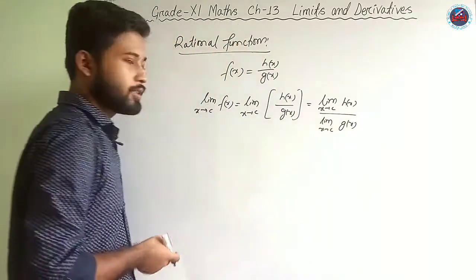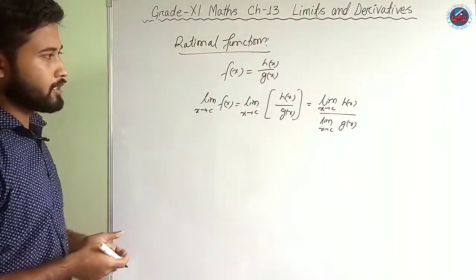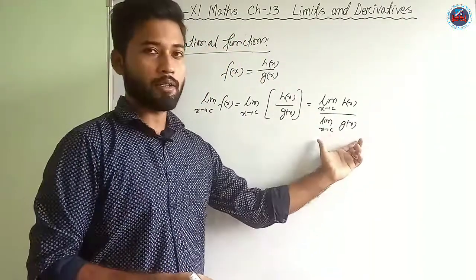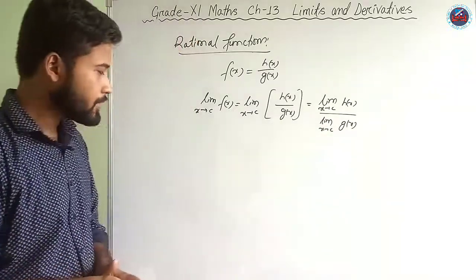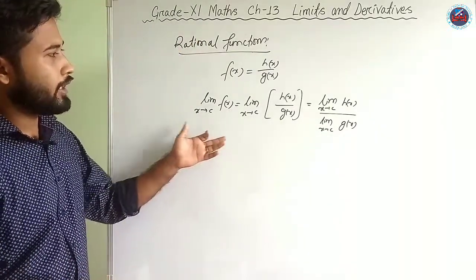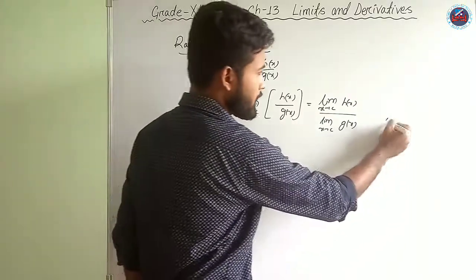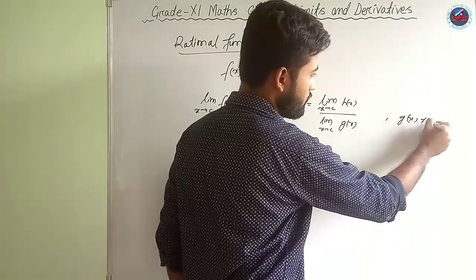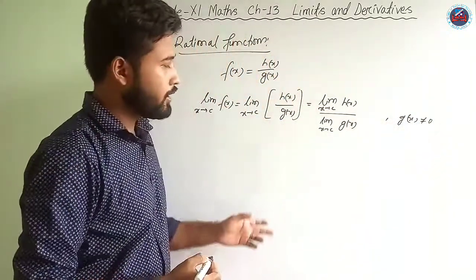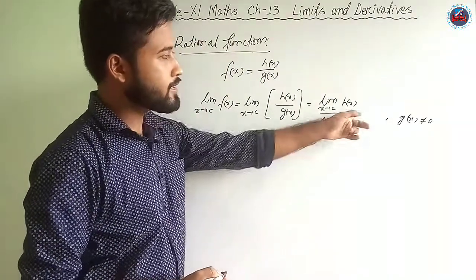So that is all about the limit of a rational function, and the condition is that g(x) cannot be 0. Now a question arises: whether h(x) is 0 or not.